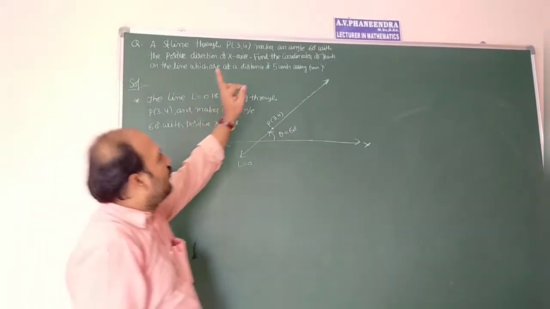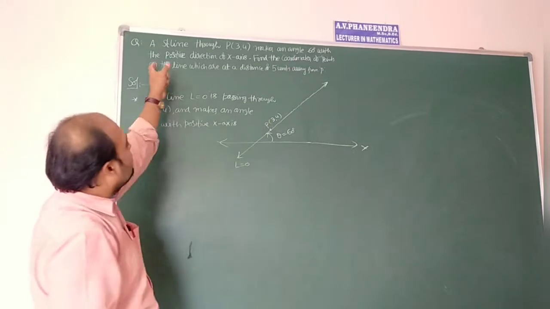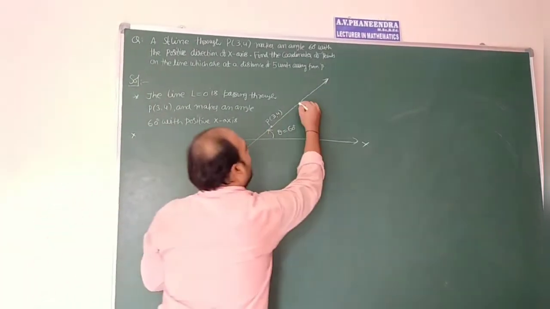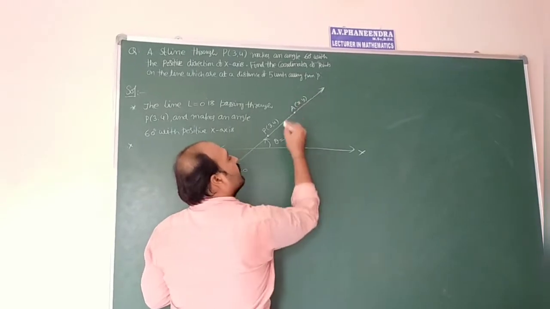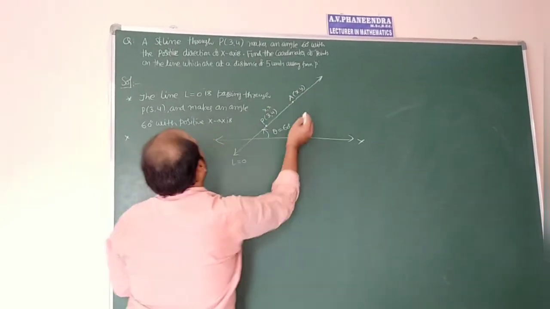After that, find the coordinates of the points on the line. So we have to assume one point A of x comma y. The given point we assume as x1, y1.